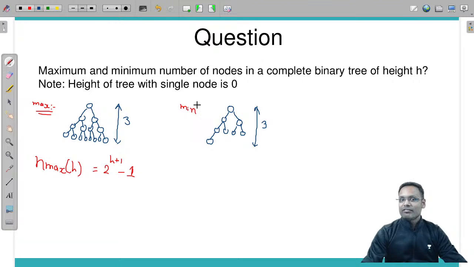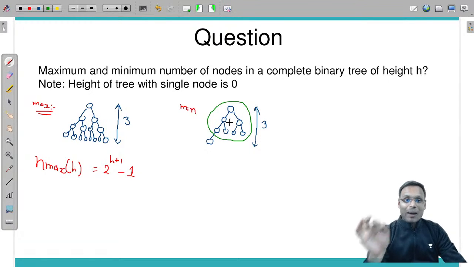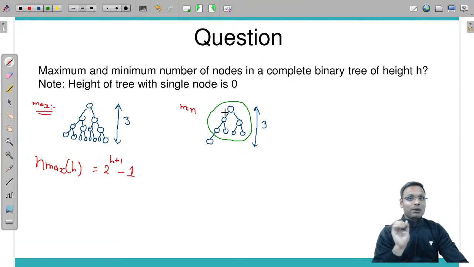So what exactly are we having here? हमारे पास, with height h minus 1, a binary tree with the maximum number of nodes, and then one extra node on the next level.